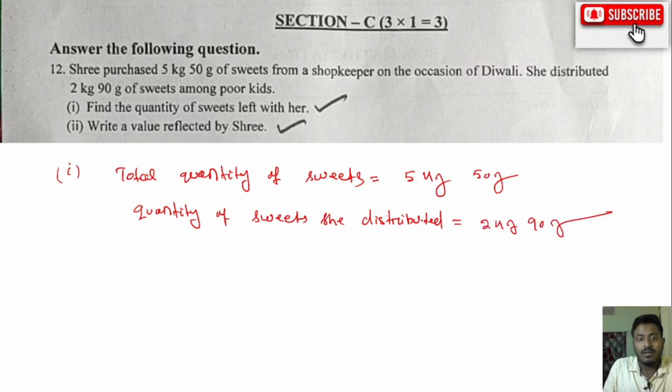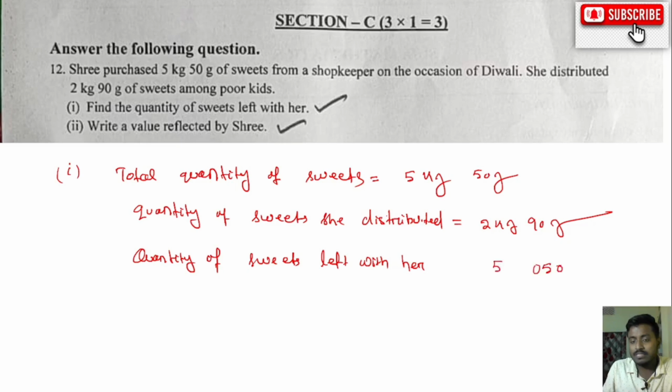Now write down quantity of sweet left with her equal to, simply subtraction, that is 5 kg 050 gram minus 2 kg 090 gram.